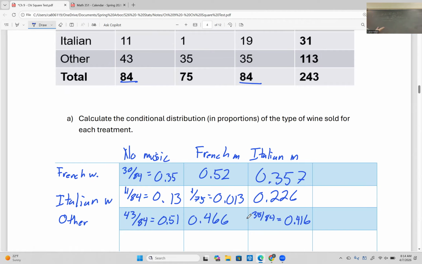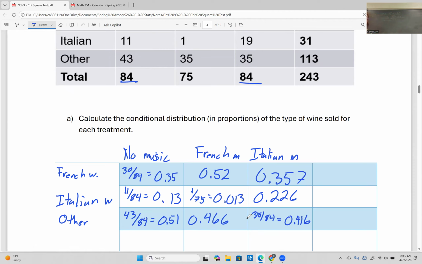We have some counter ideas happening, looking at all the others, not a ton of difference. Across the board, Italian is just being purchased less.